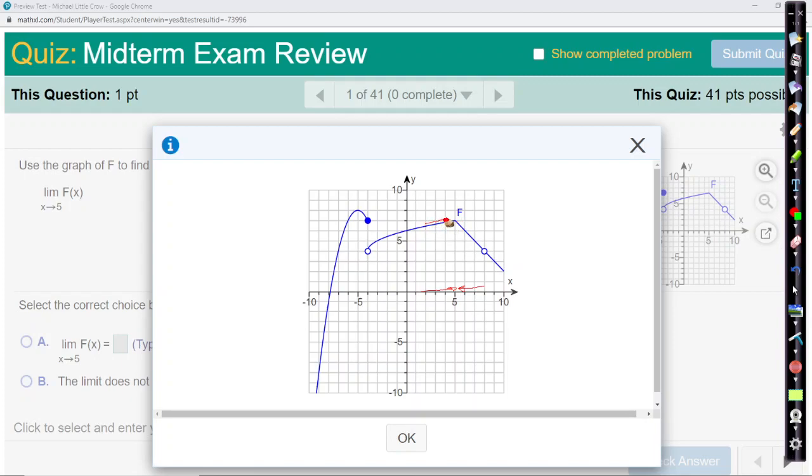Coming from the left and coming from the right, they're really going to the same point. The point they're going towards is y equals 7. And this point actually exists. So (5, 7). But the limit, we'll say, is 7.